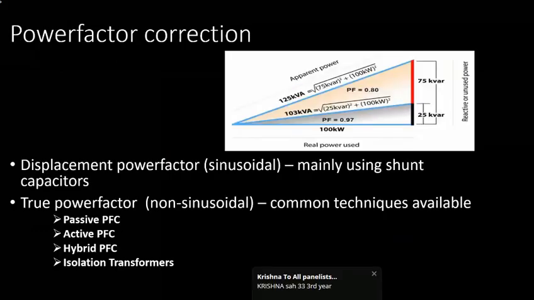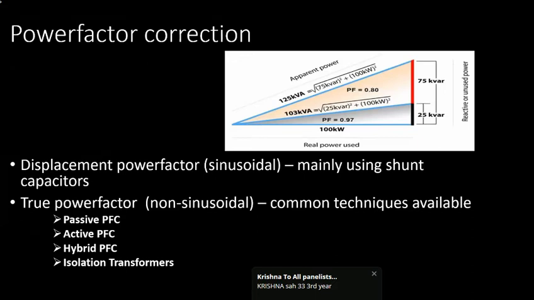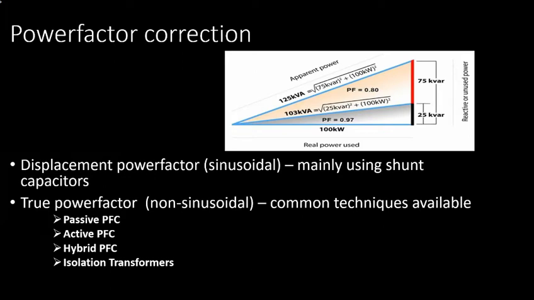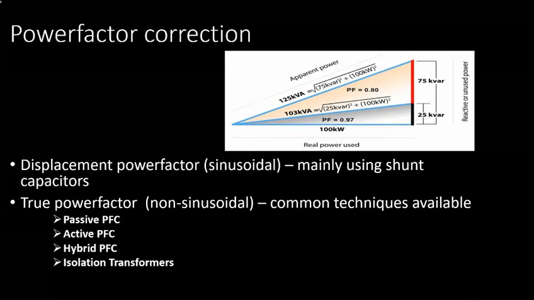This leads to power factor correction. Some of you, maybe in your second year or third year and beyond, would have already been introduced to the concept of power factor correction. We talk about displacement power factor for a sinusoidal situation, and typically power factor correction is achieved by using shunt capacitors. It's pretty simple. You put in a bank of capacitors and that brings down the reactive power.